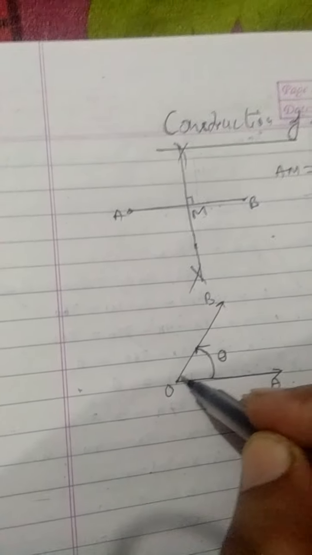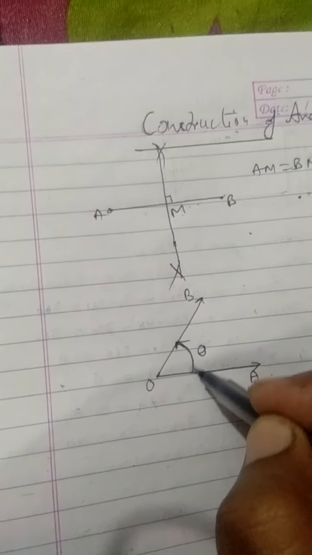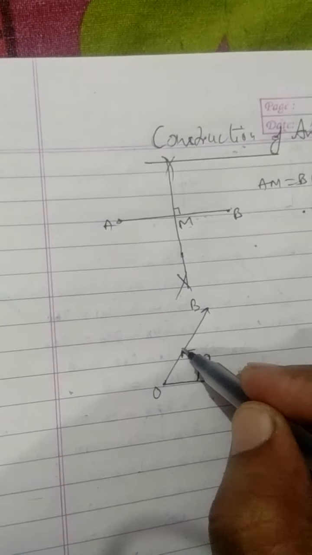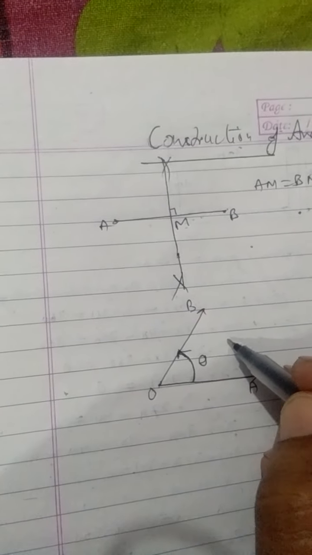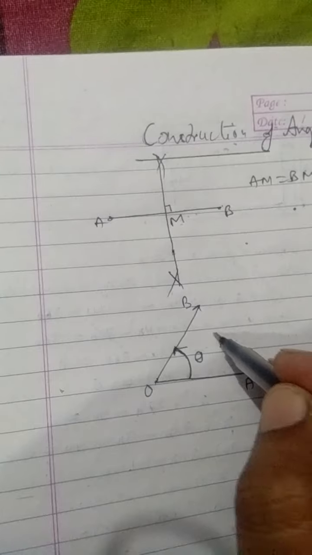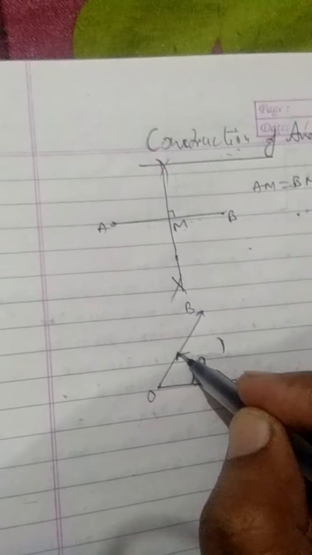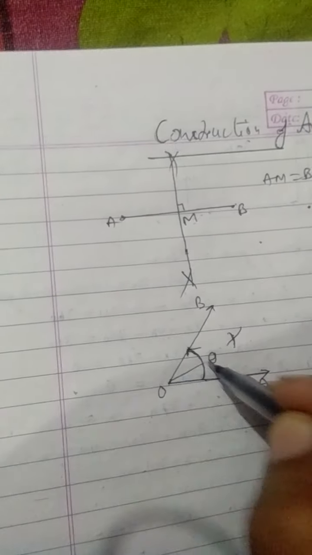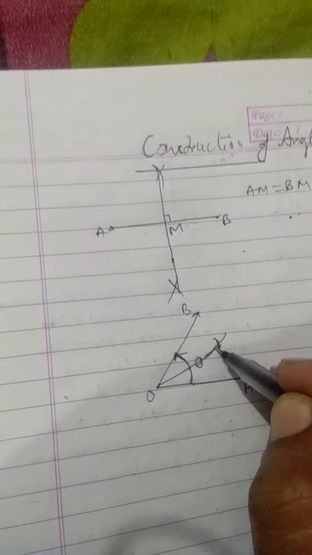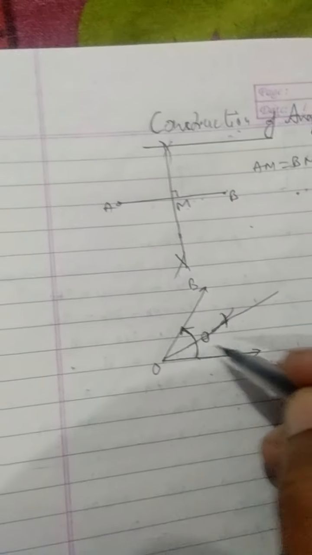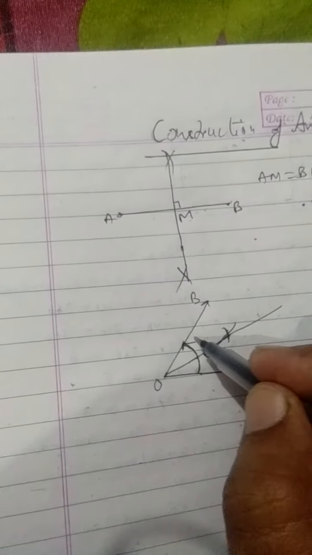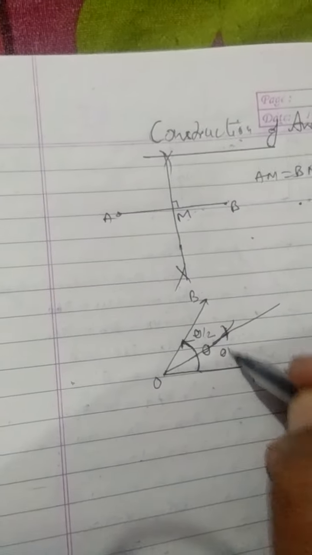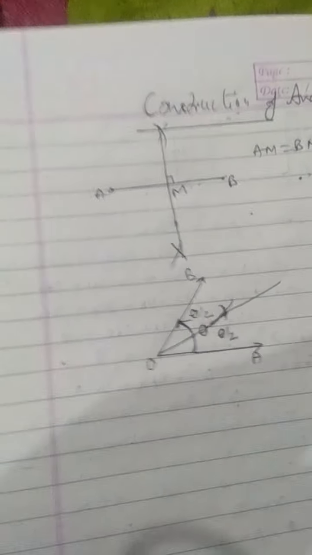So we make a equal arc as any radius, and both ends we draw arc more than half as a point this and upper point and join O. This is the angle bisector as a given angle theta by 2, and it is also theta by 2.